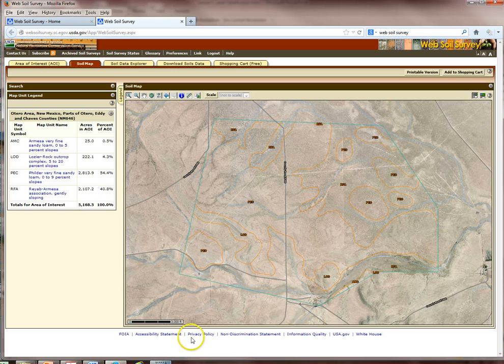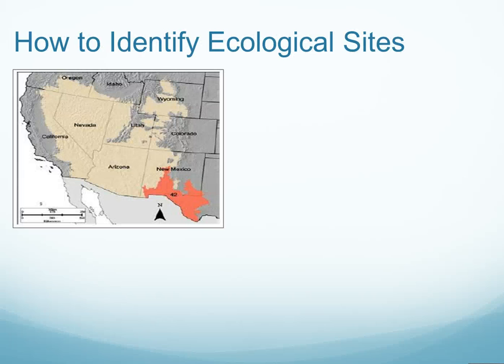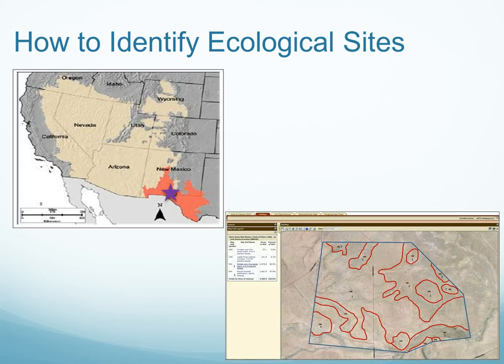Now, because of the scale at which map units are drawn, it's important that we go to the site and verify the ecological site. You cannot determine what an ecological site is in most cases simply from looking at a map. And of course, we would be going to the site anyway in order to characterize other information about the vegetation.